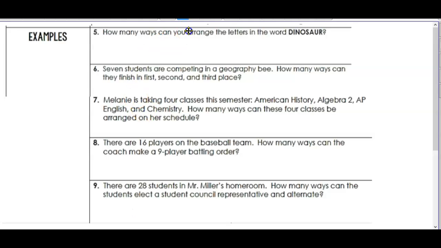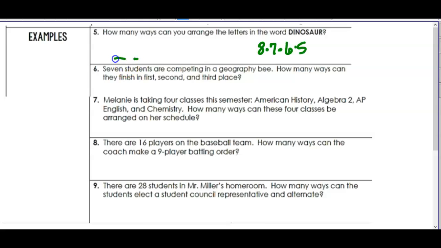So here's some examples of permutation problems. How many ways can you arrange the letters in this word? So all of these letters are different. So there are 1, 2, 3, 4, 5, 6, 7, 8 letters. So the first time I go to pick a letter, I'd have 8 choices, then 7 choices, then 6, then 5.